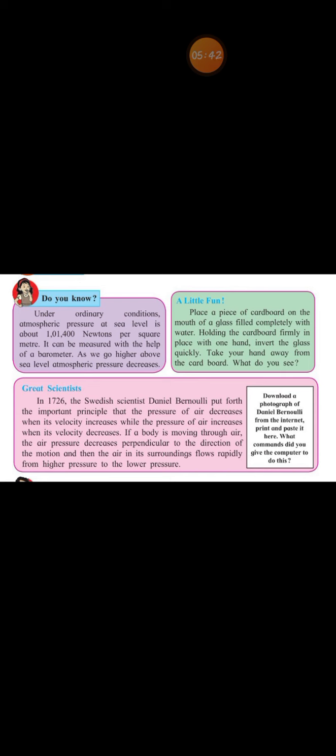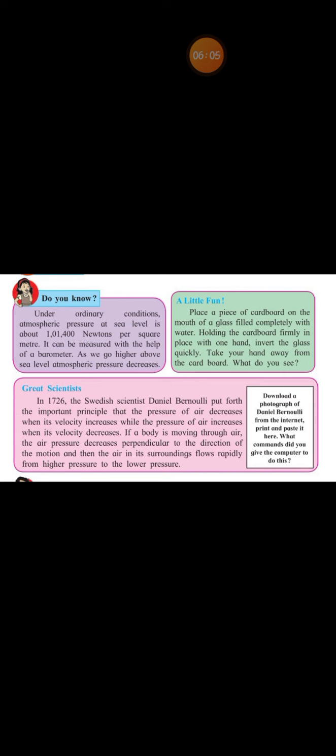Now we'll see about scientists. In 1726, a Swedish scientist, Daniel Bernoulli, put forth an important principle that the pressure of air decreases when its velocity increases, and when the pressure of air increases, its velocity decreases.